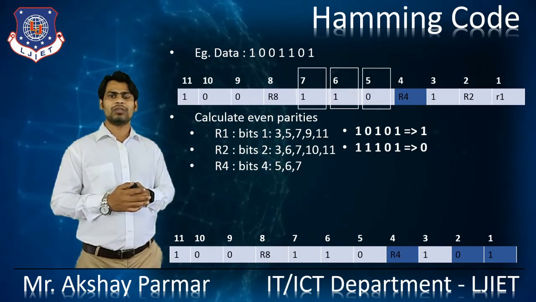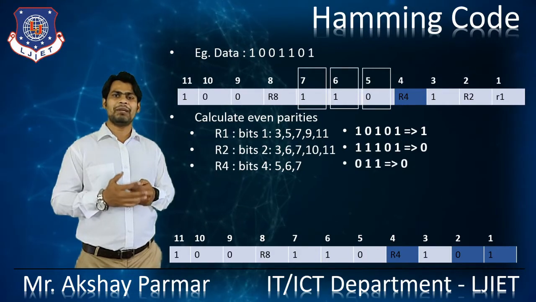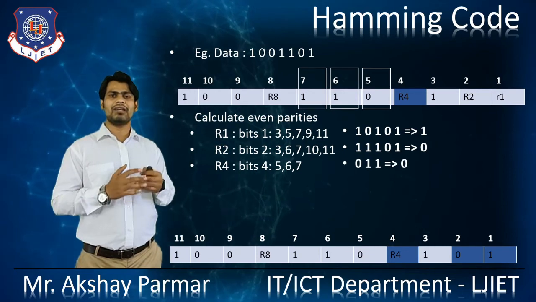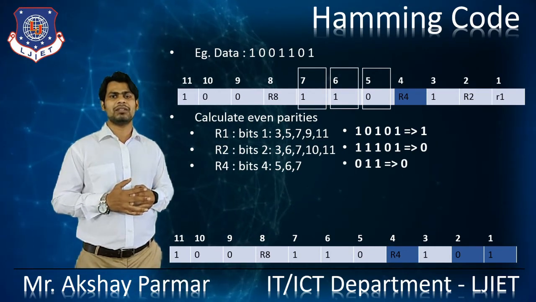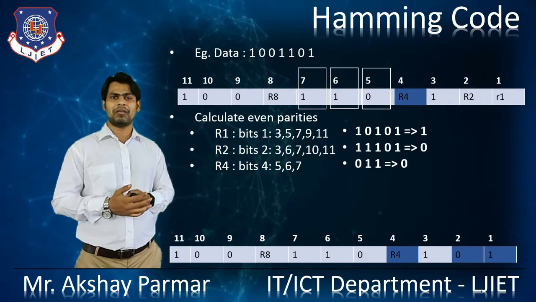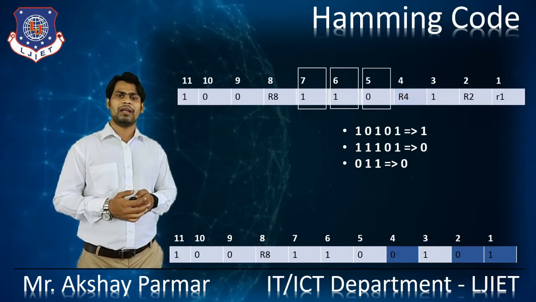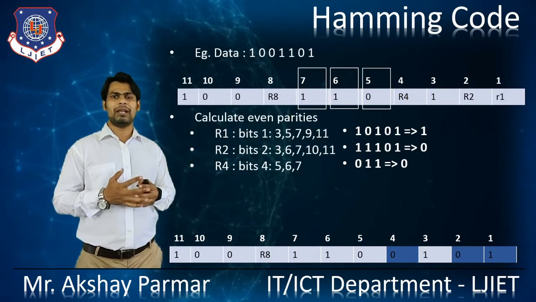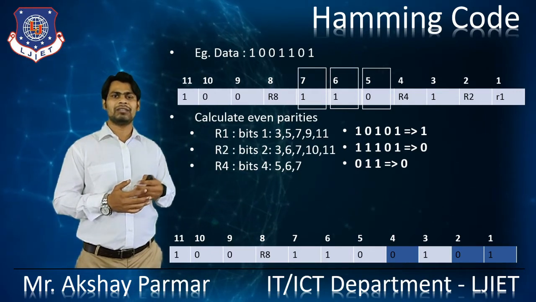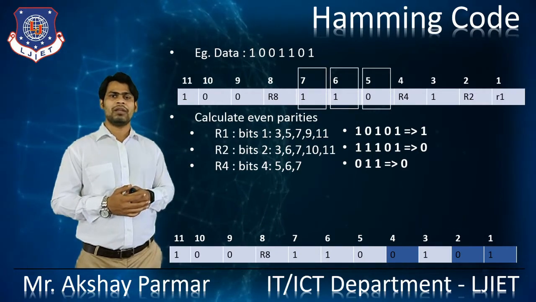The data bits there are 0, 1, 1, which already has an even number of ones in that sequence, right? So we are simply putting the 0 at the redundant bit R4. So we are replacing R4 with 0 there, right? That's how we are putting the value at R4. So R1 is 1, R2 is 0 and R4 is also 0, right?